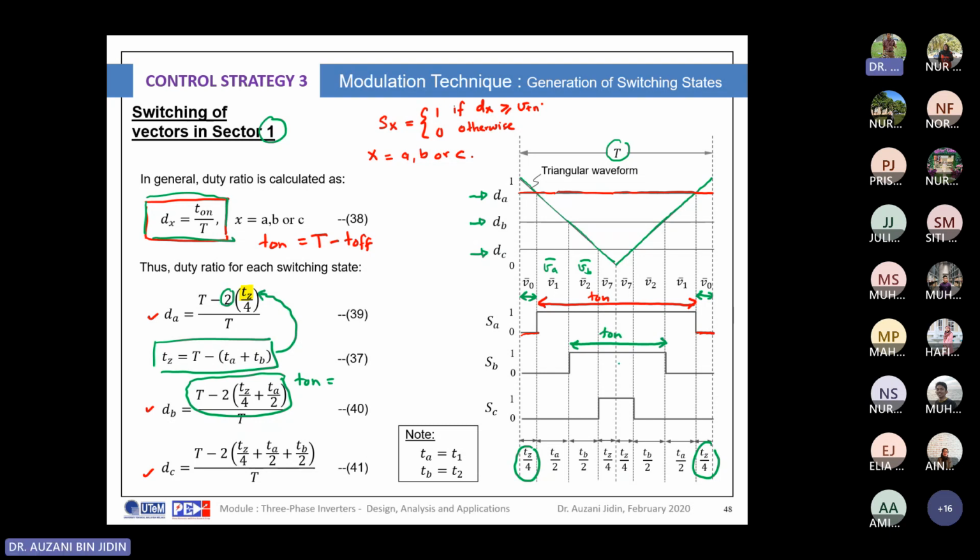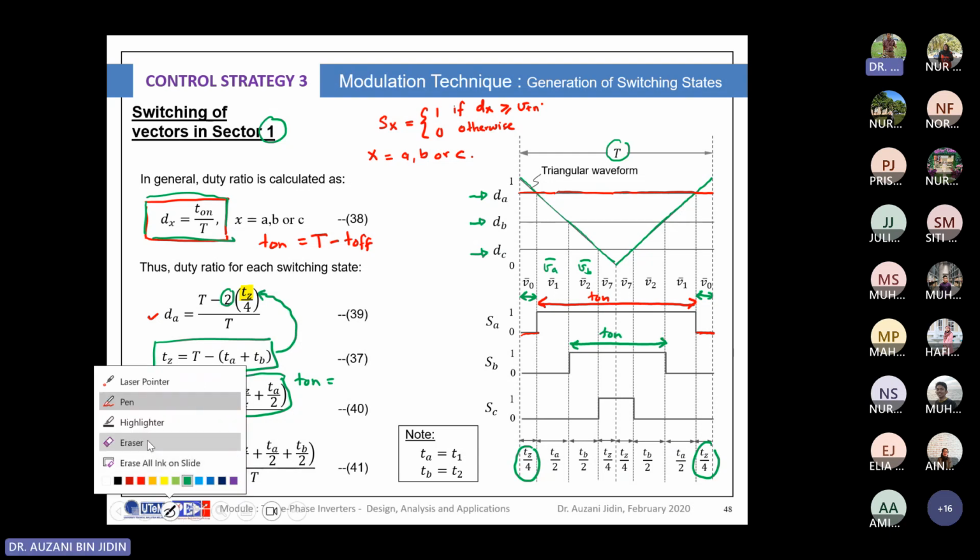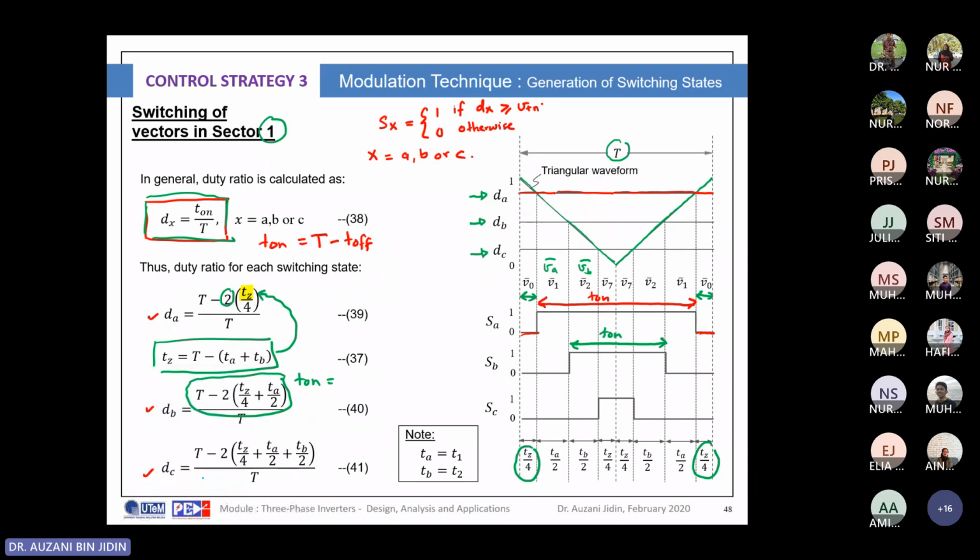So where you can calculate T on as, firstly, you need to obtain the time for here, this one also, and this interval. So the blue color arrow is the T off, because the state is 0.